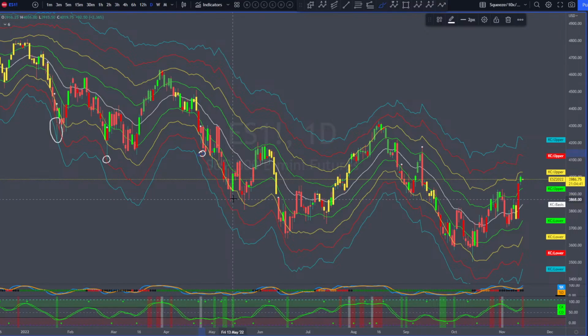Of course, we went pretty low here, and down here we have areas where we extended lower. Each time we've done that so far, it has been met by a certain amount of buying pressure. That's no different than right here, where we hit that -3 ATR, then made a new low, and that was met with a ton of buying pressure.